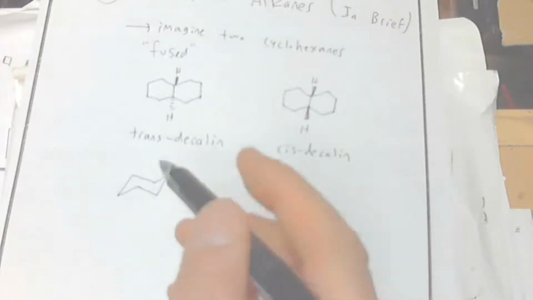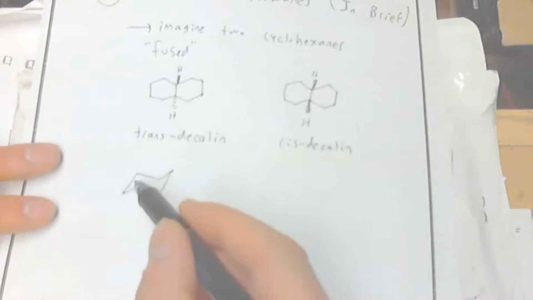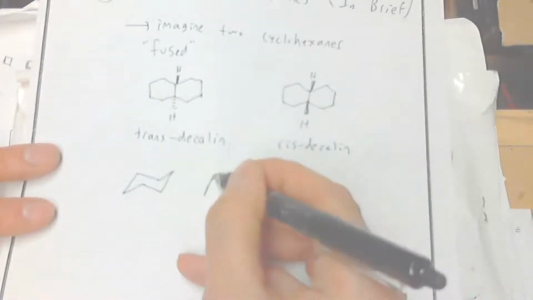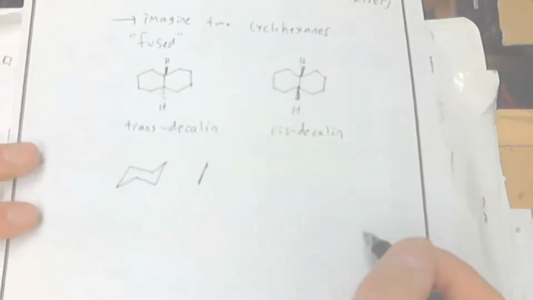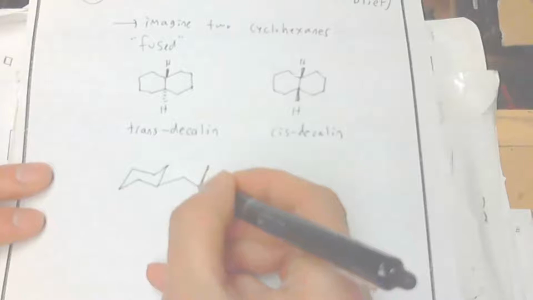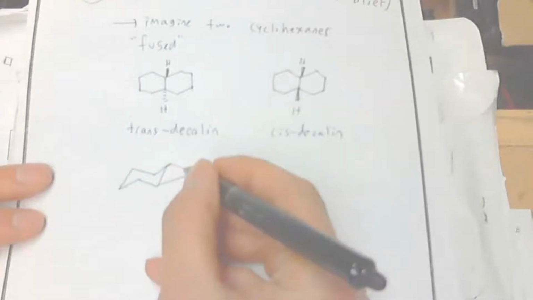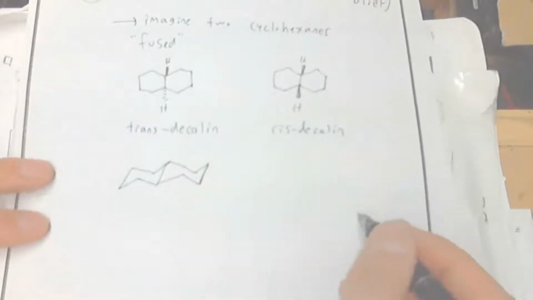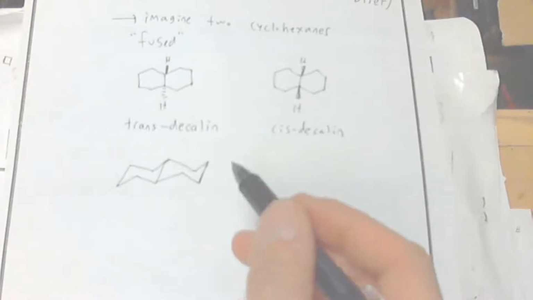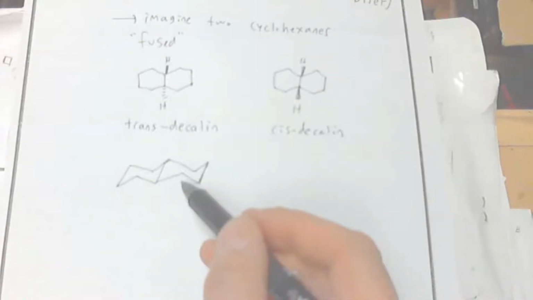Imagine doing it again now. Remember how we have these 2 parallel lines? Well, imagine another parallel line. Just do this. See that? And then we can go doink, doink. Kind of like that. That's trans-decalin.